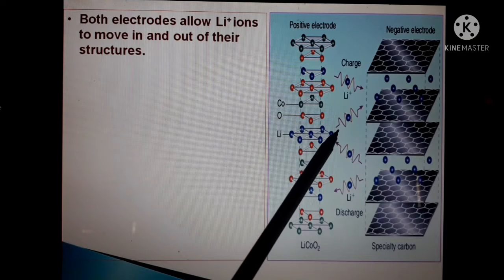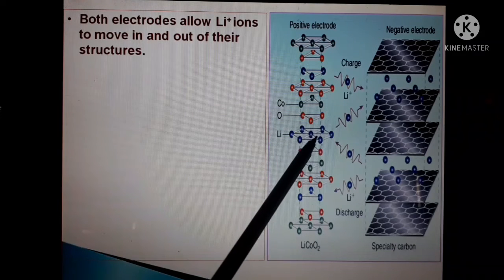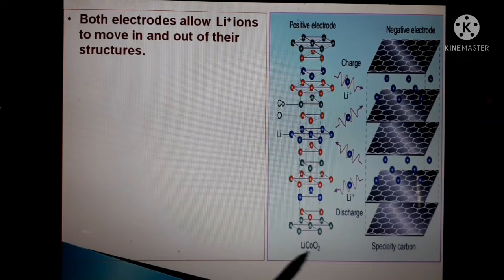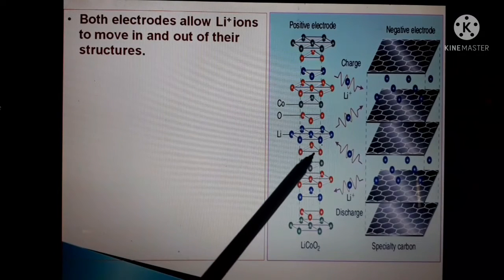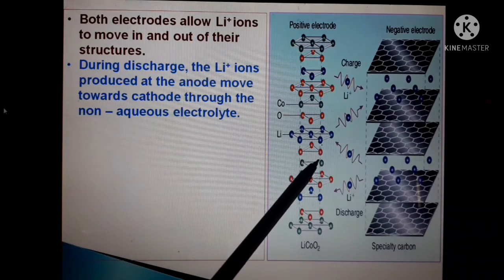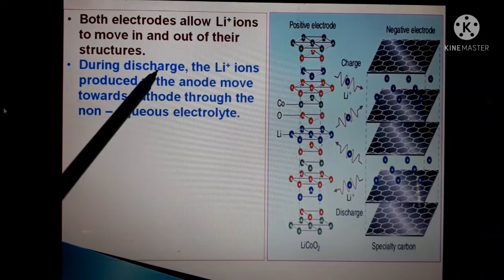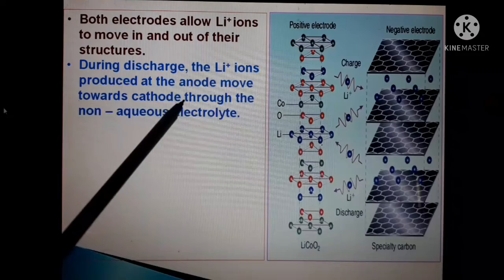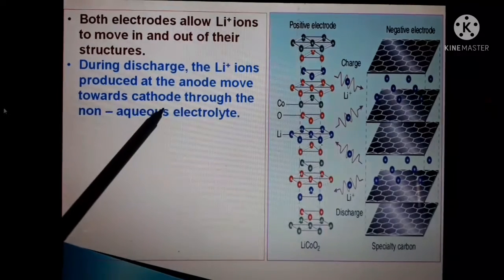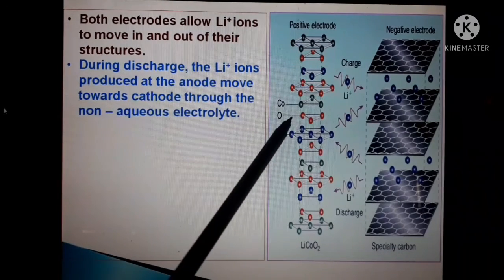So this is the basic concept of the lithium-ion battery. Lithium ion combined with one electron and cobalt oxide gives lithium cobalt oxide. This is the basic principle. At that time the electrical energy is produced. During the discharge, the lithium ions produced at the anode move towards the cathode, anode to cathode.